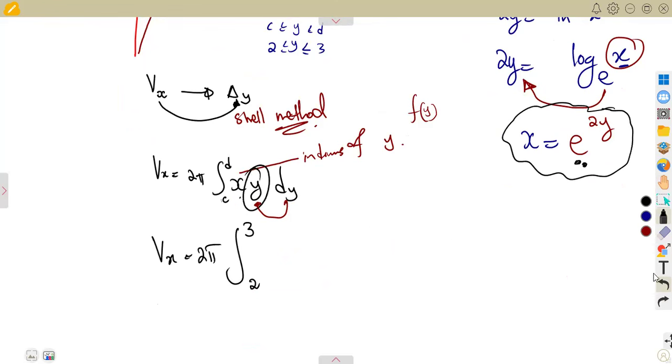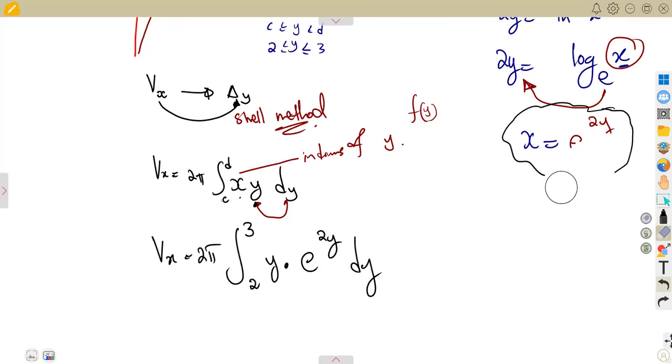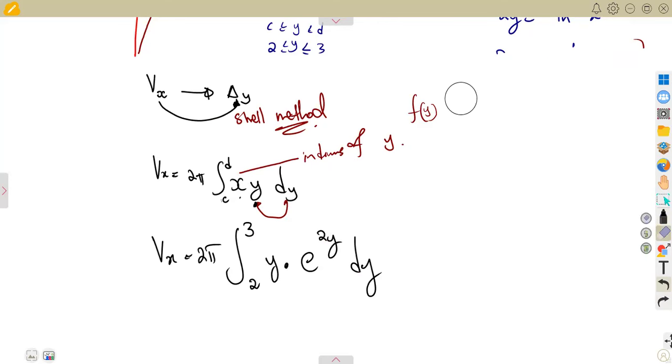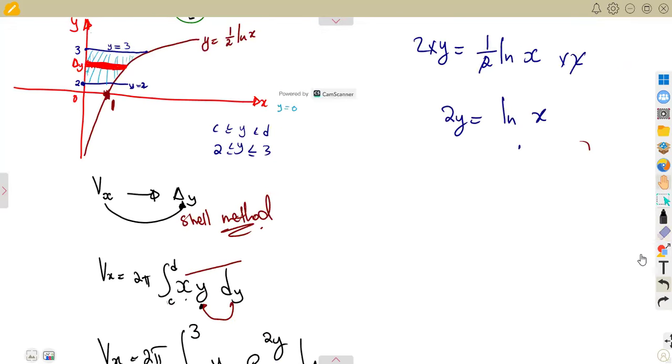The y is just going to remain as it is because it's already a y function. With respect to y, this can be integrated and we can find the final answer from there. That's it. Just like that.